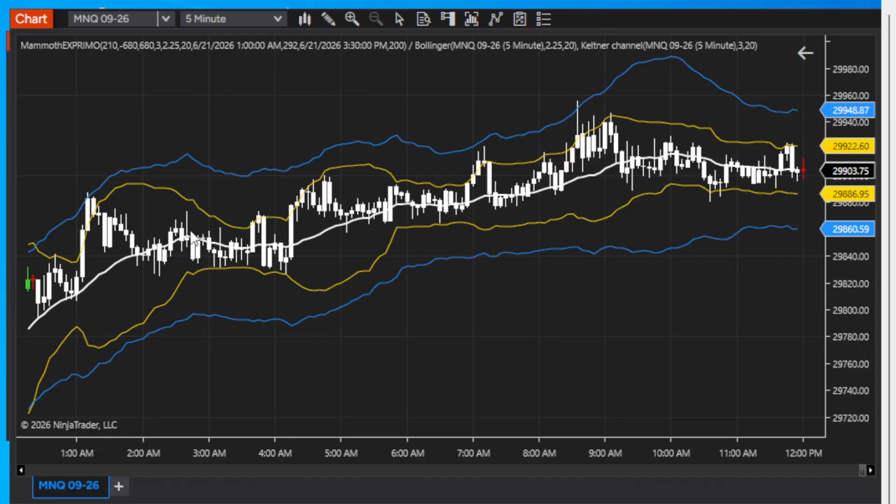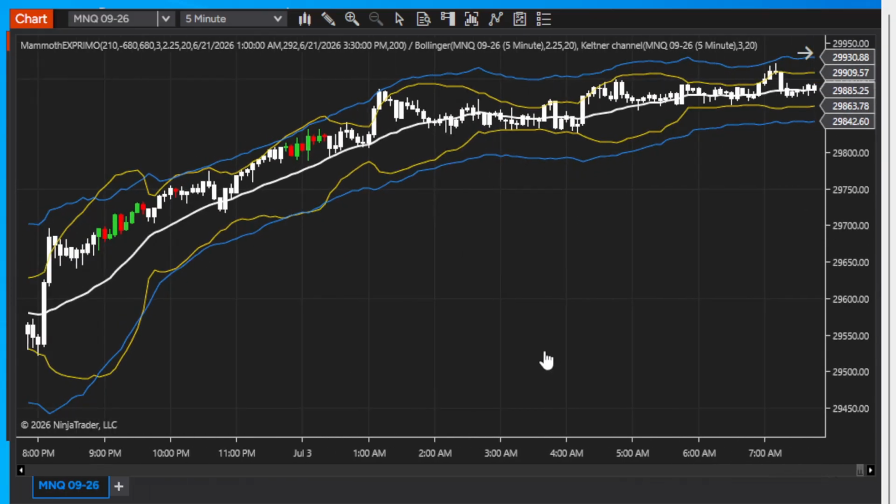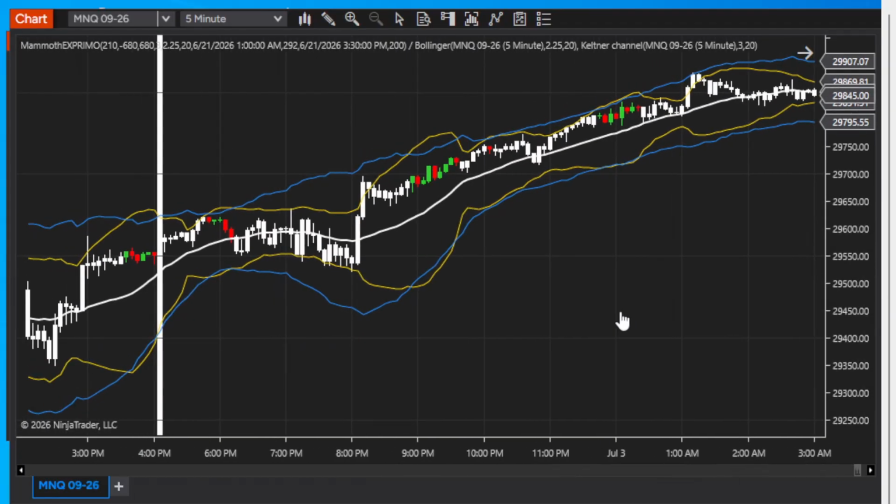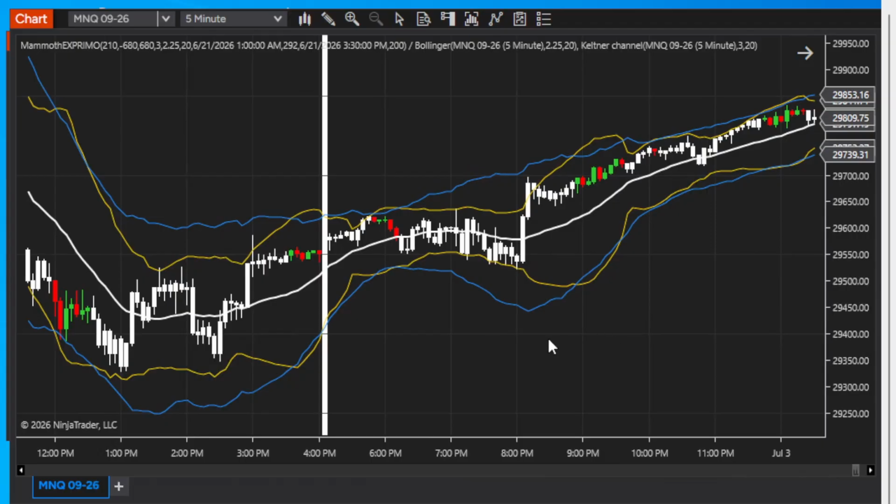That means the market is trending but doesn't have enough momentum, and it can't find any setup. EXPRIMO means a burst out, getting out of this chop.